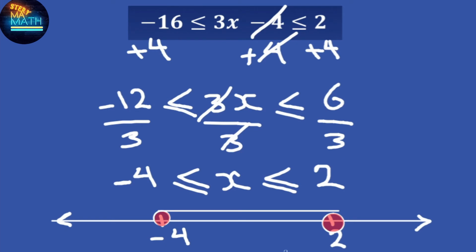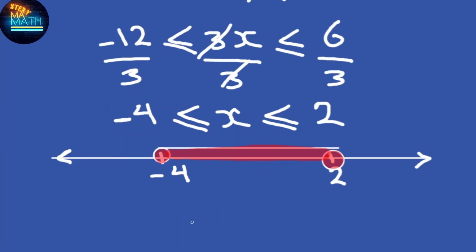And also, you will shade all the numbers between them. And the interval notation will be negative 4, which is the left, and 2, which is the right. At negative 4, you have a closed circle, so you will put a bracket. And also here at 2, you have a closed circle, so you'll put a bracket.